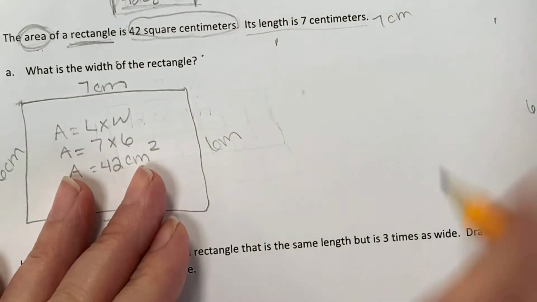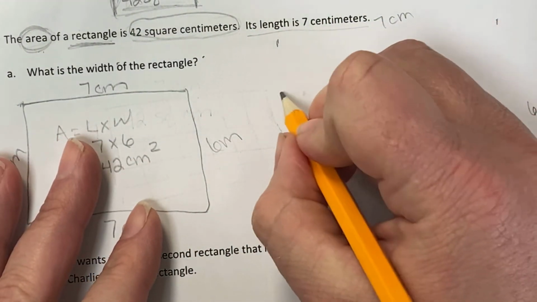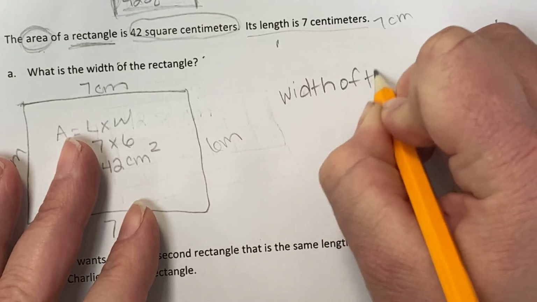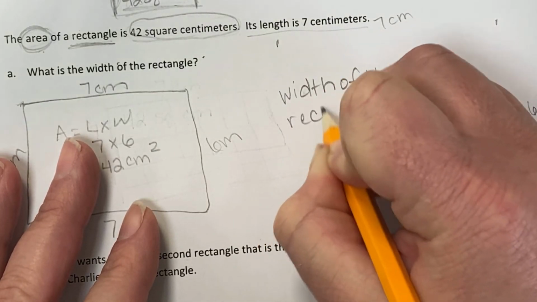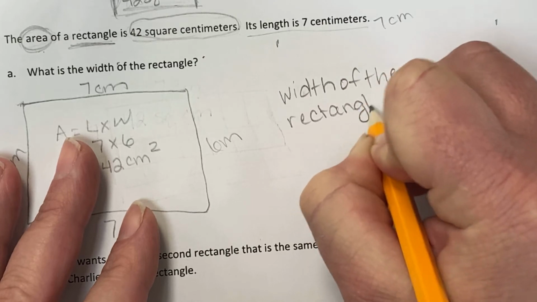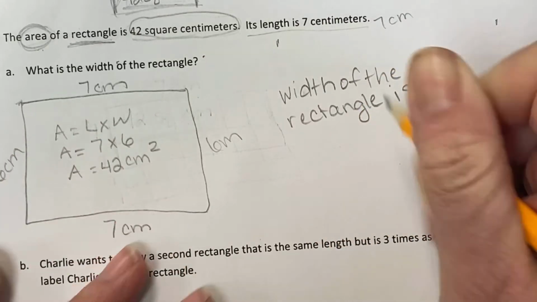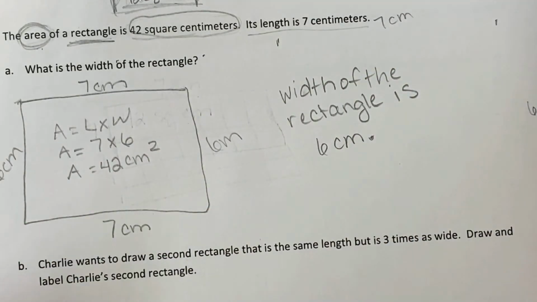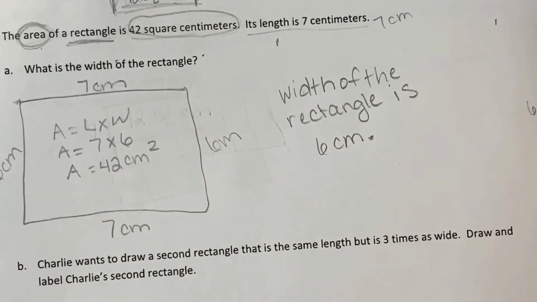So the width of the rectangle is 6 centimeters, period. And so that's answering my question for A.